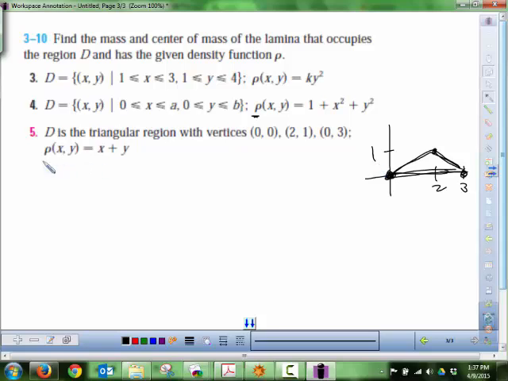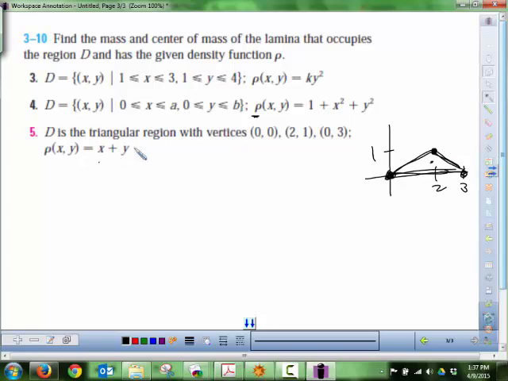And my density is this density function x plus y. So my density at this corner point over here is 3, 2 plus 1. My density somewhere over here would be whatever, you just add x and y.